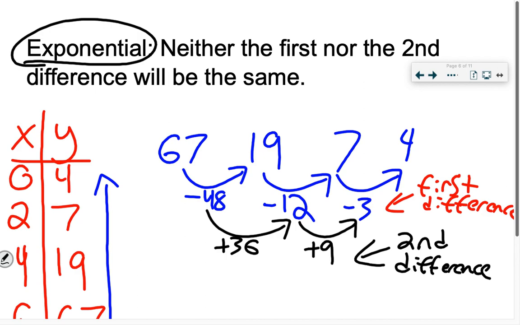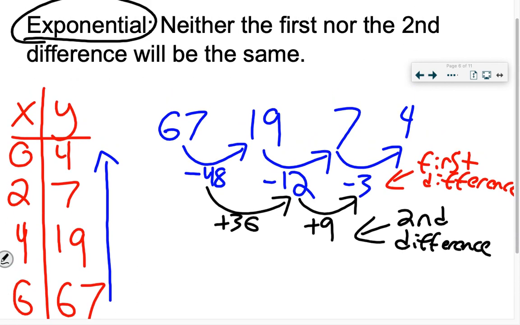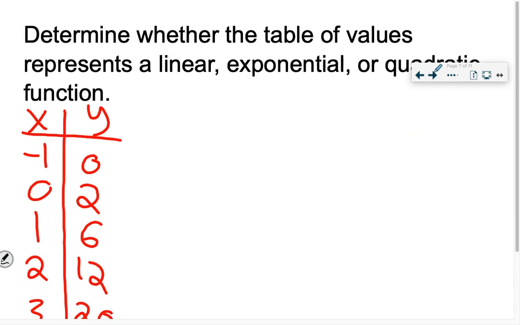And so what our homework problems are going to look like is it's going to give you an XY table, and we have to figure out if it is linear, quadratic, or exponential, okay? And so feel free to, when I show an example, pause the video and try it for yourself, and then see what I did, and see if we did the same thing or if we did something wrong, okay?